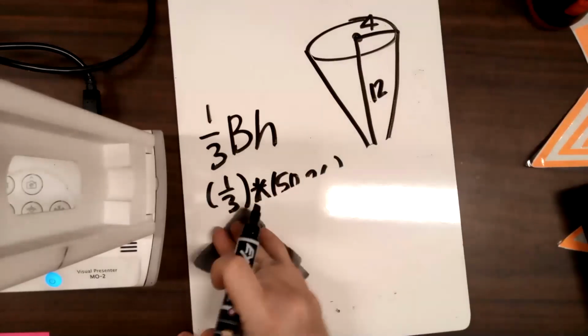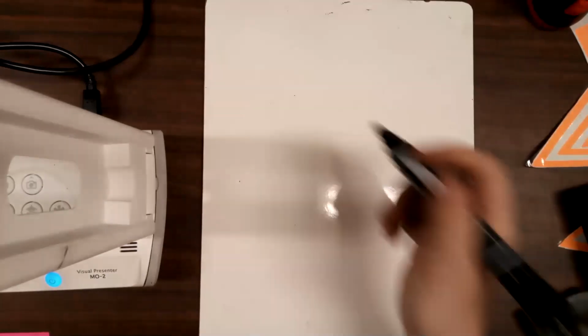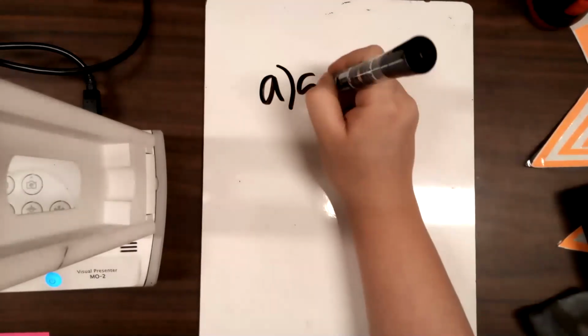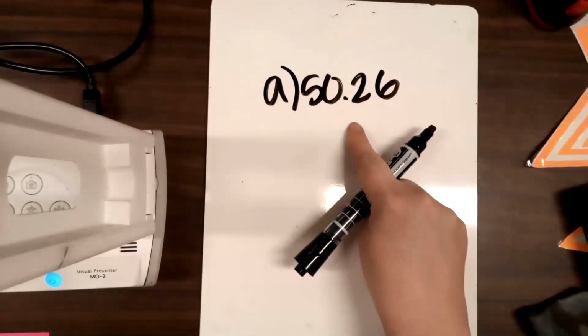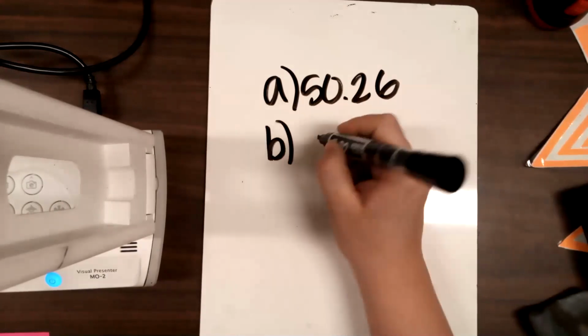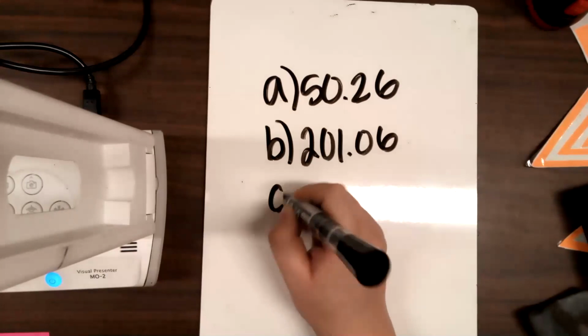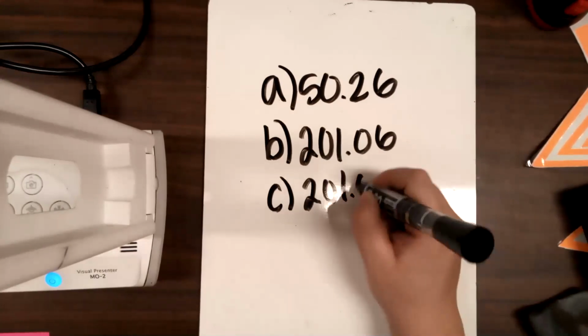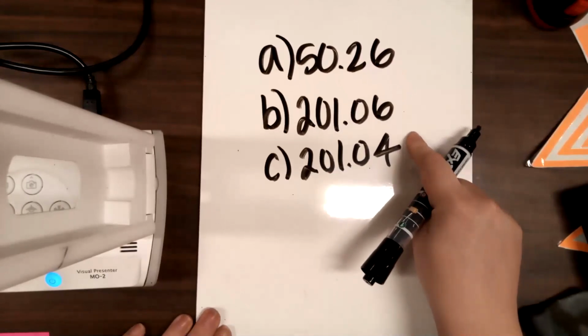If you got 201.04, 201.05, I'm 100% confident that in a multiple choice like situation, these would probably be the multiple choice answers. So this tends to be how they do it. They'll say answer choice A would be 50.26. That was the number we got for area of the base, right? Answer choice B would probably be maybe the right one. They wouldn't do this though. This is not what they do, where these two are so close to each other that a rounding might change it.